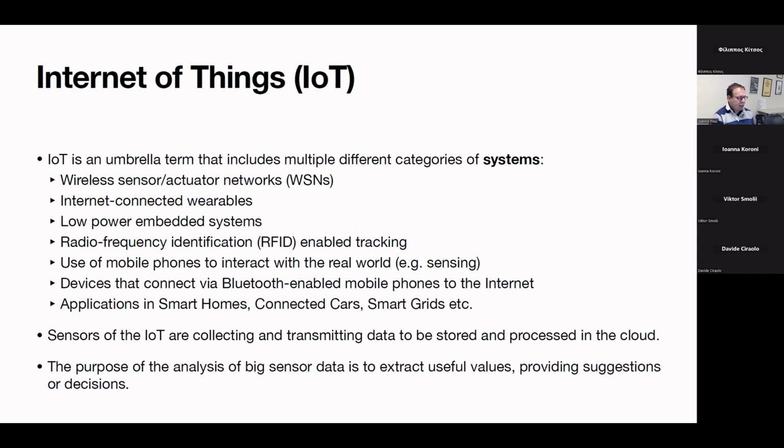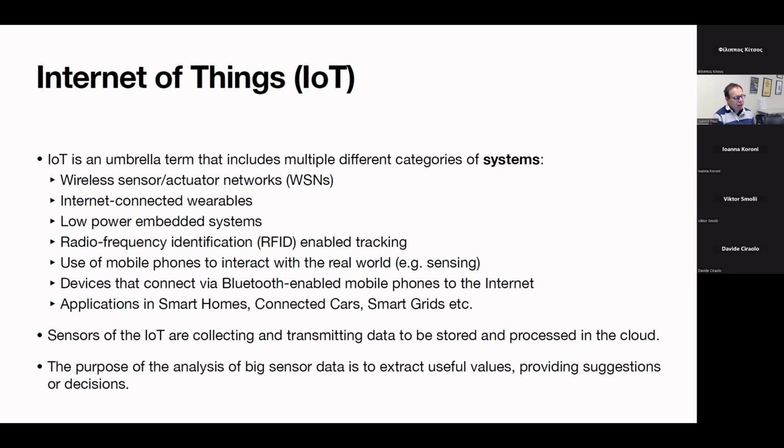Internet of Things is an umbrella term that includes multiple different categories of systems, like, for example, wireless sensor networks, internet-connected wearables, low-power embedded systems, radio frequency identification-enabled tracking, use of mobile phones to interact with the real world for sensing, devices that connect via Bluetooth-enabled mobile phones to the internet, and so on.